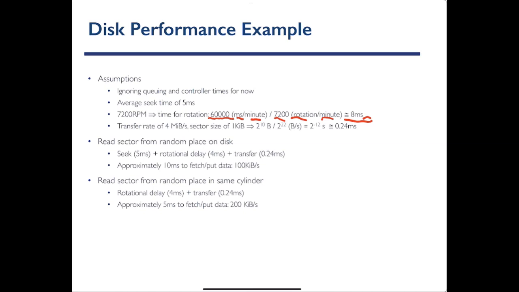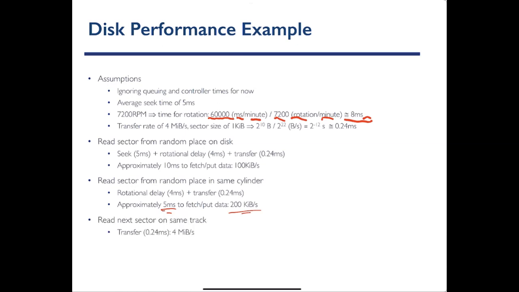You only have to pay an average rotation delay, which is 4 milliseconds, and then a transfer time. That dramatically increases your effective bandwidth. It makes it twice as large, right? Because now you're spending half of that time. You're not seeking the arm anymore. So the arm movement has gone out, and this gives you an effective bandwidth of 200 kilobytes per second.